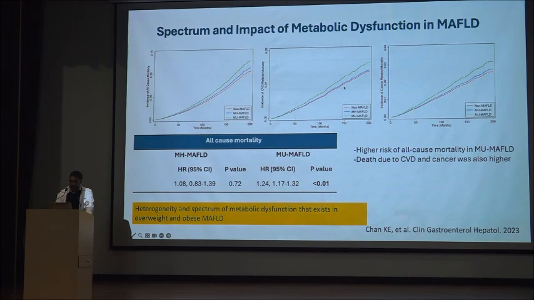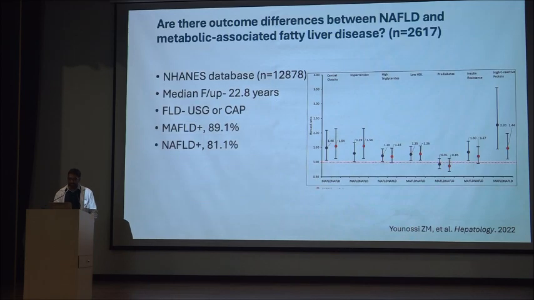This was also found to correlate well when they assessed the all-cause mortality, the cardiovascular risk factors as well as cancer-related mortality. And they said that the heterogeneity and spectrum of metabolic dysfunction that exist in overweight and obese has to be answered. So even whether MAFLD and NAFLD have different outcome.